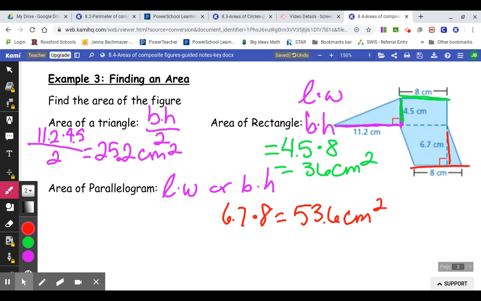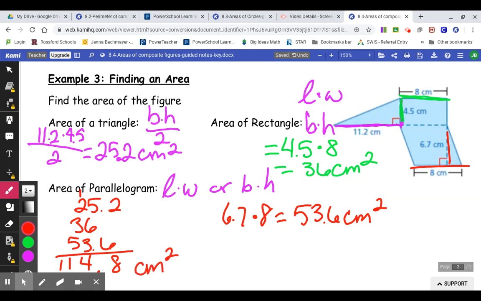We're going to add all 3 of those values together. So we take the 25.2, the 36, and the 53.6, and add them all together. And we get 114.8 centimeters squared. Okay, go ahead and pause the video, and you have 2 more to try on your own.